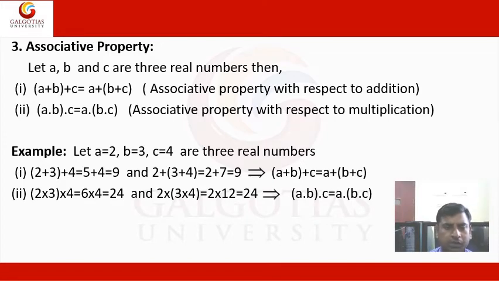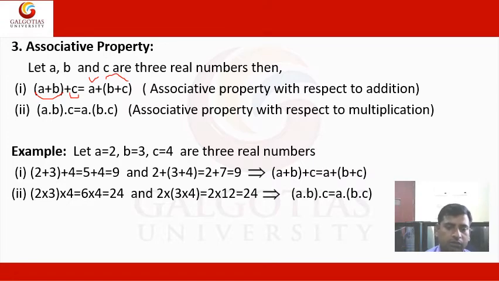Associative property with respect to addition means if we add two numbers A and B first, after that the third number C, and if we add the last two numbers, that means B and C, first, after that the first number A, the sum from both sides will be the same. If the sum from both sides is the same, then we say that the associative property holds with respect to addition.